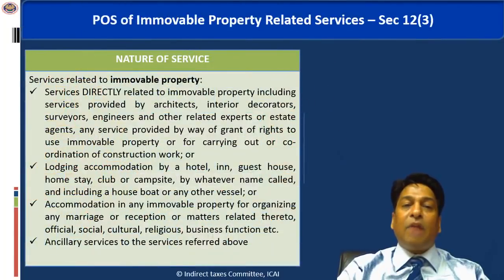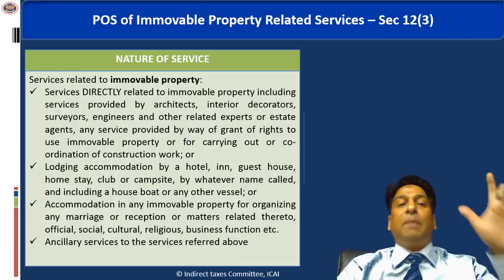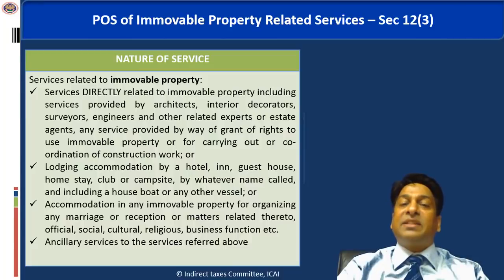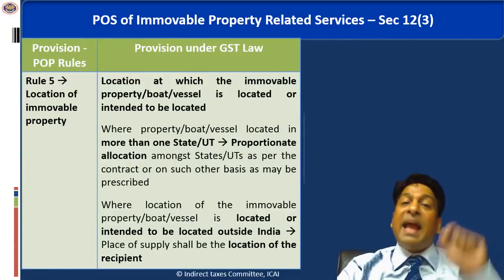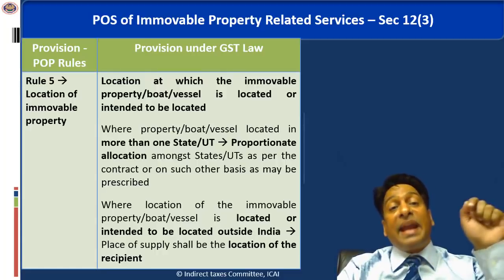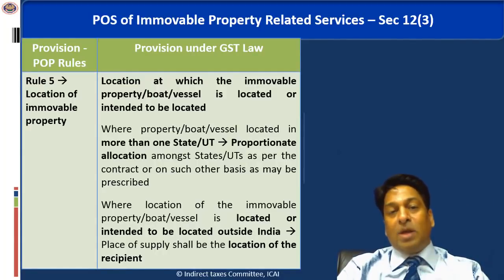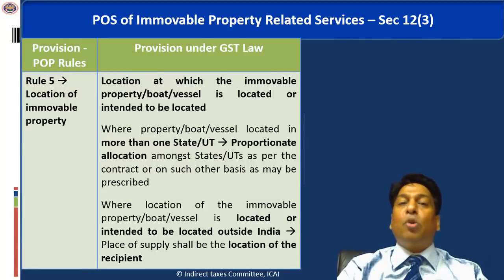Having said that, now we are moving to the next rule under section 12 subsection 3, which pertains to immovable property. For any services related to immovable property, the place of supply would be the location at which the immovable property is located or intended to be located. I will explain by case study also, but let's read the further provisions, and then we can do one complete case study for overall understanding.